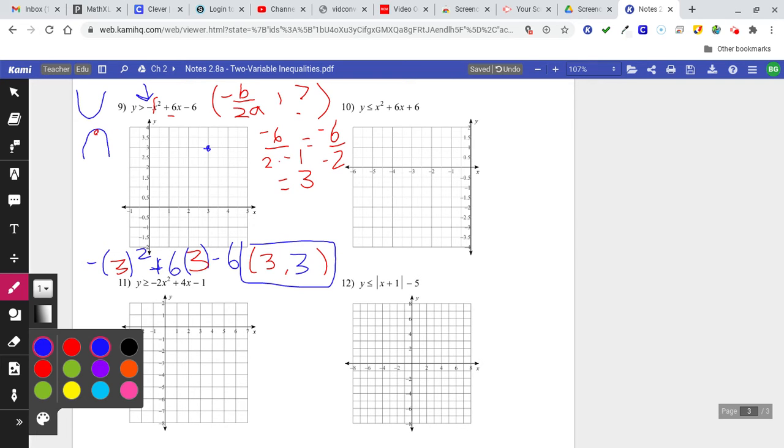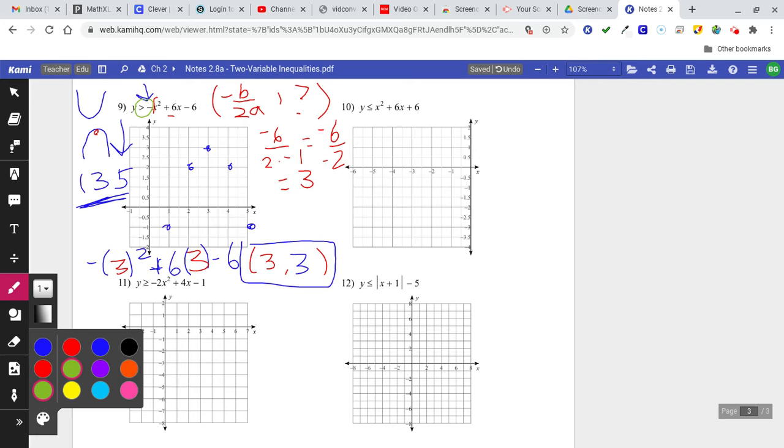Boom. Right there. Now, help yourself out and remember the 1, 3, 5 pattern. We know this thing is going to go down. It's a 1, 3, 5 pattern, so we should be able to go down 1 and over 1, and down 3 and over 1, and we've got those dots, just like a previous lesson. Don't get in too big of a hurry because you still have to worry about your shading.